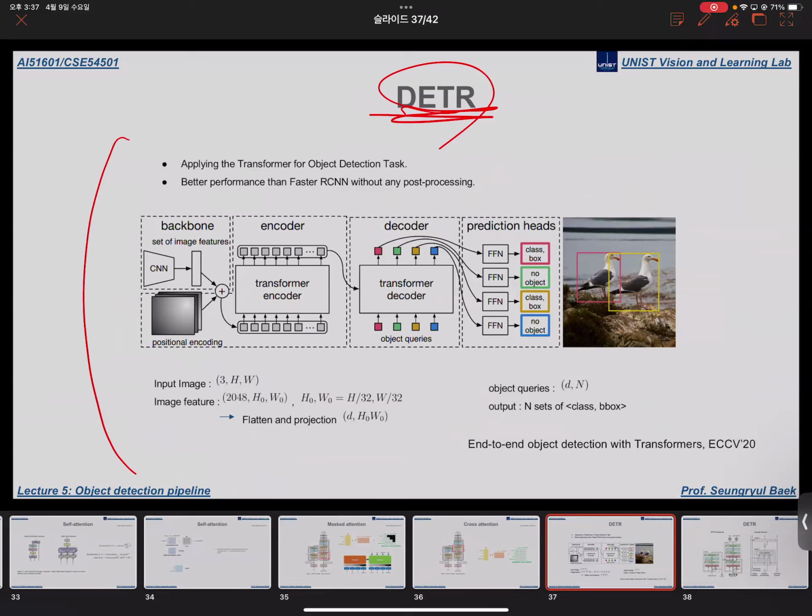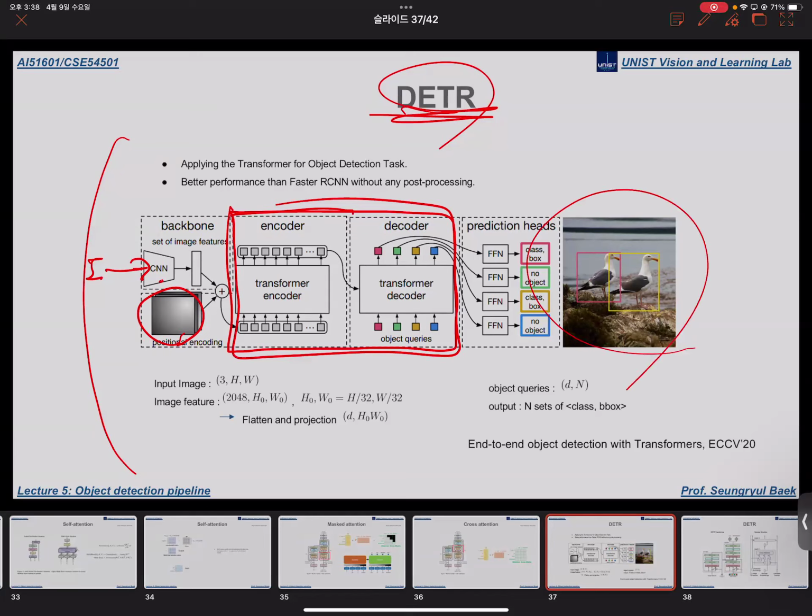The input to the transformer encoder-decoder structure is similar, but now our input is an image instead of a sentence, and our positional encoding is 2D. Applying the encoder and decoder structure of the transformer, we output the objects and their locations. That's the DETR architecture.